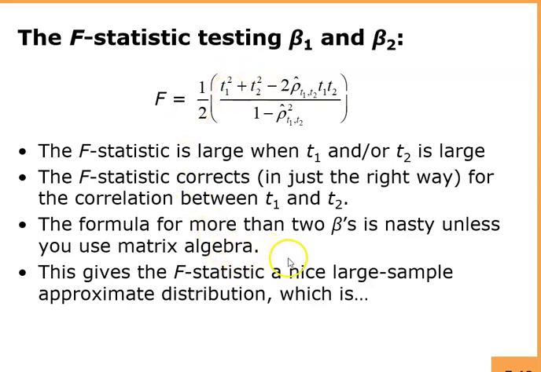So the formula for more than 2 betas is nasty unless you use matrix algebra. What does this mean? It simply means that if you are testing the hypothesis that beta 1 is equal to 0, beta 2 is equal to 0, and beta 3 is also equal to 0, in that case you are testing 3 restrictions, or 3 different coefficients at the same time, and the joint hypothesis testing formula for F becomes really complicated.